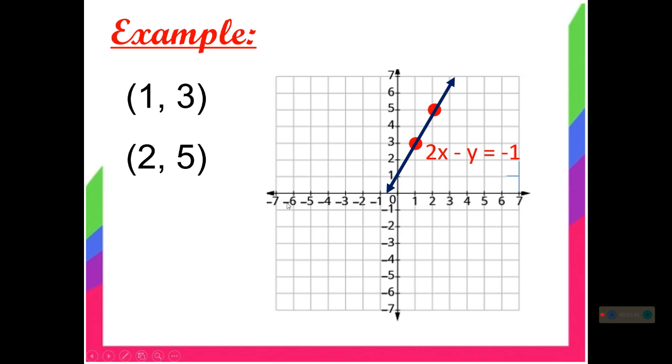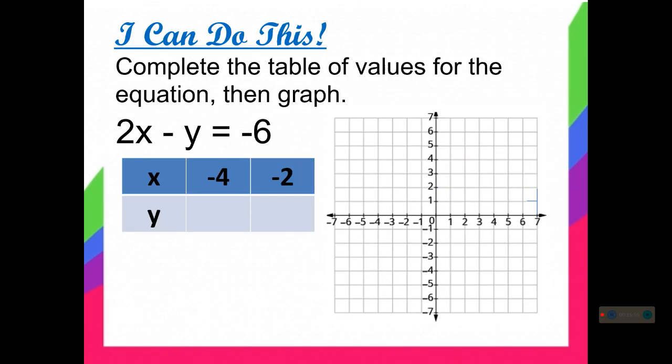I hope your understanding about this lesson, the graph of a linear equation in two variables using 2 points, has improved based on the given examples. So for now, let us have this. Complete the table of values for the equation, then graph. I have here the equation 2x minus y equals negative 6.